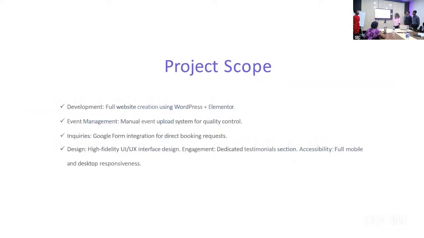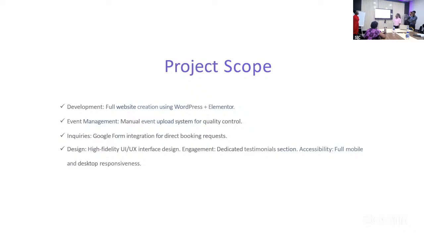Moving on, this is our project group. What are we doing? We started with the development. We used WordPress and the Elementor plugin to develop our website. For event management, our admins upload the events manually so that we can give our clients what they want. Then we use a Google Form configuration. When you want to book an event, it takes you directly to a Google Form, which you fill and send to us.